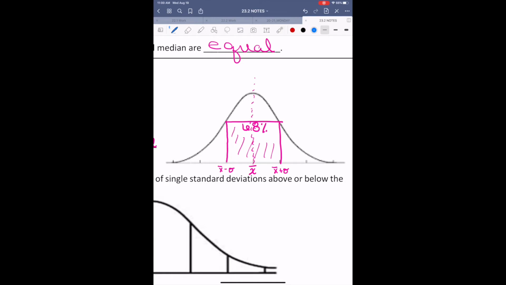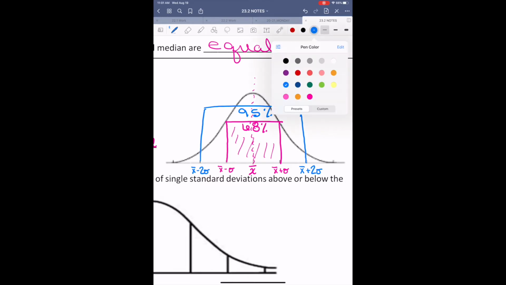Then we have 2 standard deviations. So that means that to the left, I'm going to subtract 2 standard deviations from the mean, and on the right, I'm going to add 2 standard deviations to the mean. Okay, this here will represent this whole block, 95% of the data. Keep in mind this does include that 68% falls within the 95%.